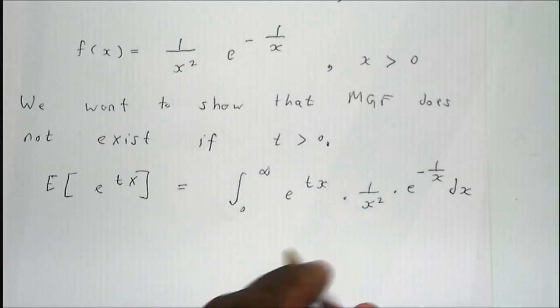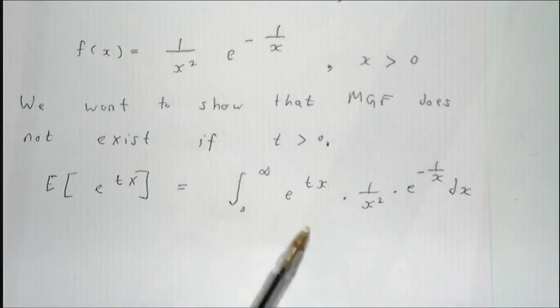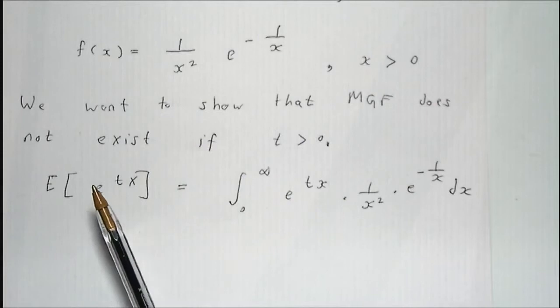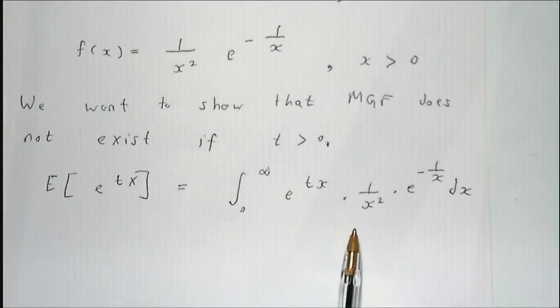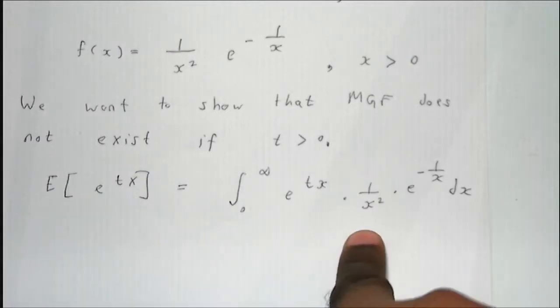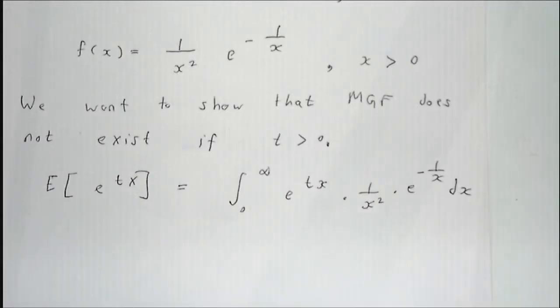Now, the idea is to show that the MGF does not exist, you need to show that this integral here is equal to plus infinity. Remember what I said last week: if you want to show that something does not exist, then you must show that it is equal to plus infinity. So in this case, you need to show that this integral is equal to plus infinity, right?